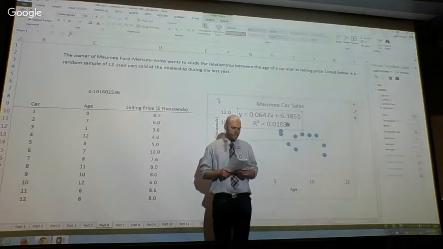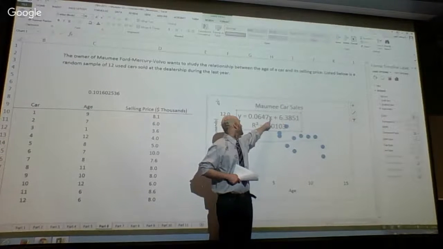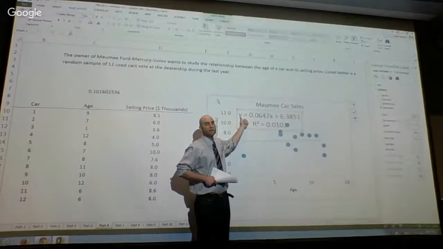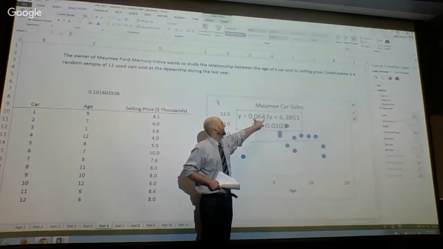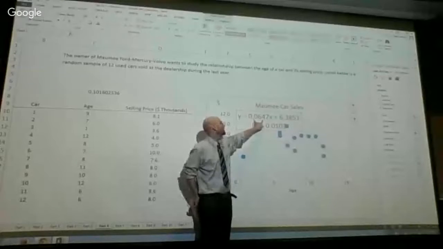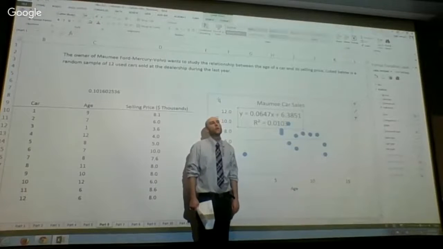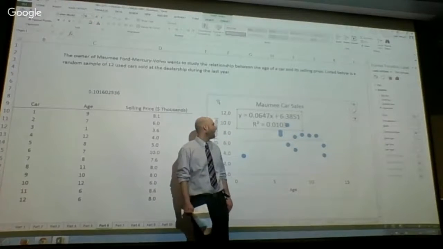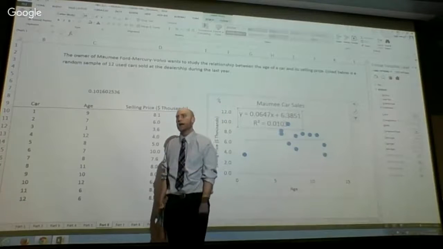Then if we put 7 in here, and we want to solve for what would effectively be y hat, look at this. Look at the value for the slope. 0.0647. If you had $0.0647 in your pocket, how many dollars do you have?